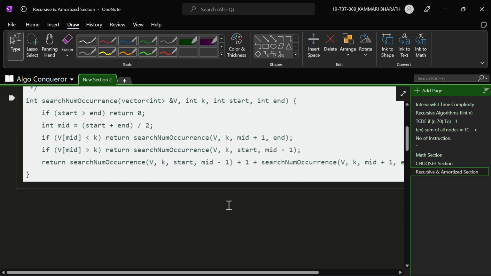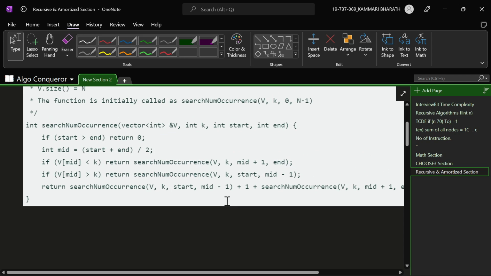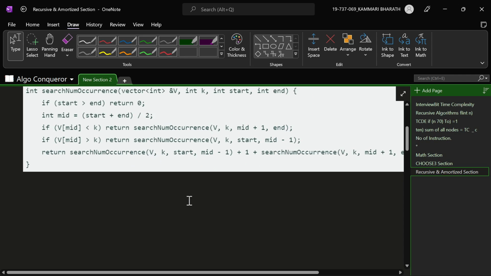So how do you write the recurrence relation for this function? Initially, you are given a function T of n, where n is the input. In this case, the input is in the form of a range, start to end, and it is being divided into halves, and subproblems are called.